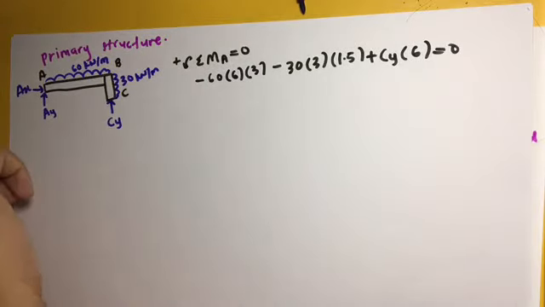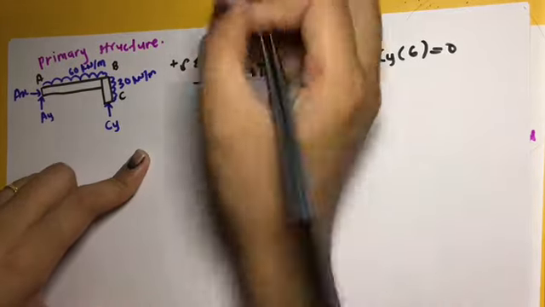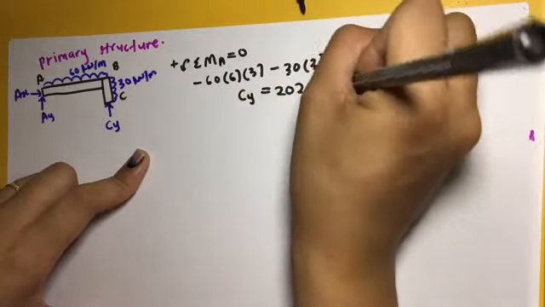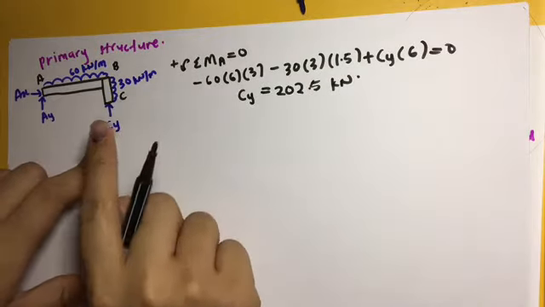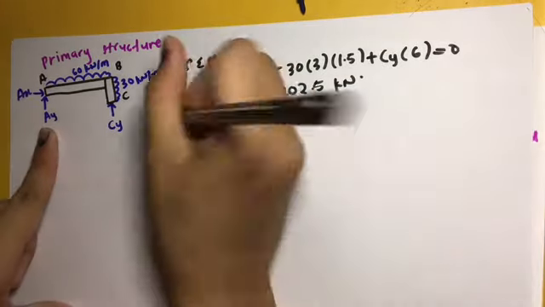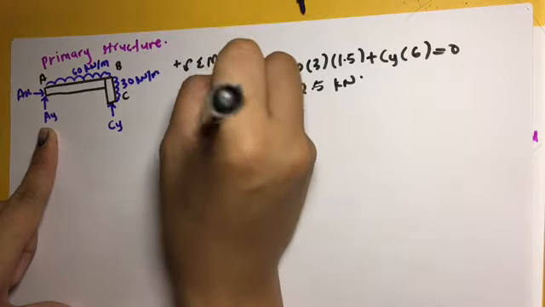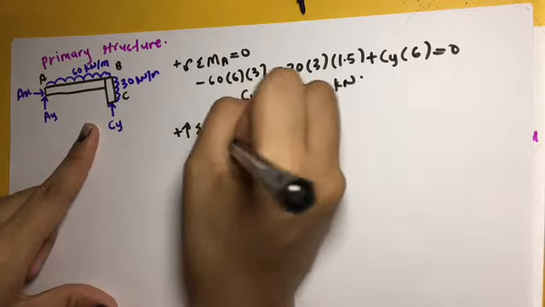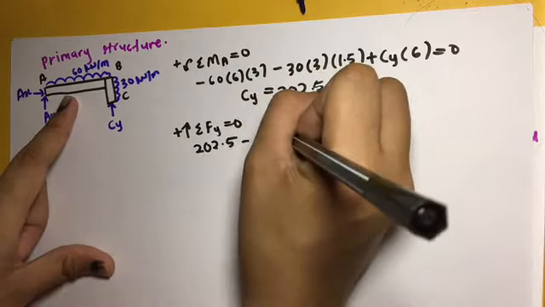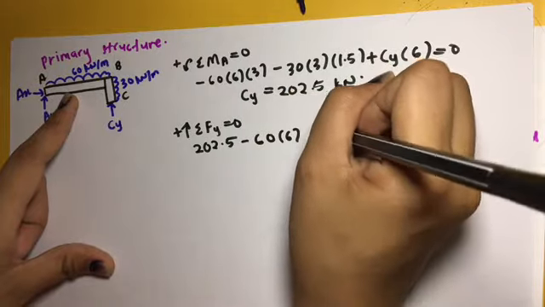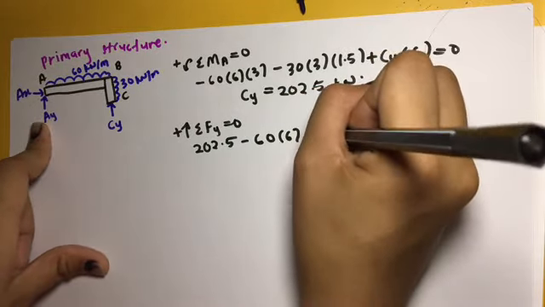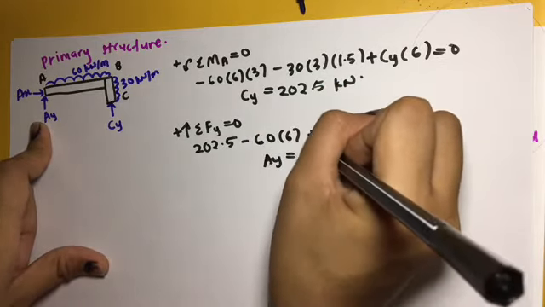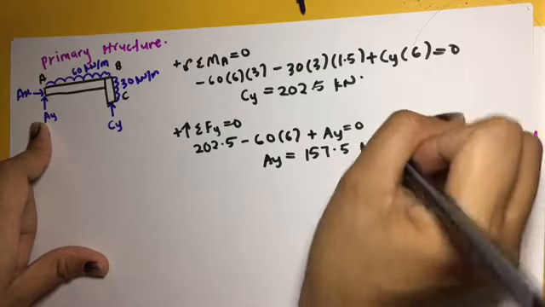Okay, so then we solve this and then we will get CY equals to 202.5 kilonewton. Okay, and then we want to find AY. We use a summation of force in the y direction. So 202.5 minus 60 times 6 and then plus AY equals to 0. So solving this, we got AY equals to 157.5 kilonewton.